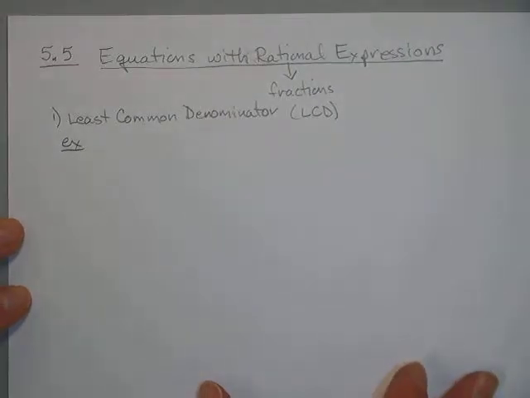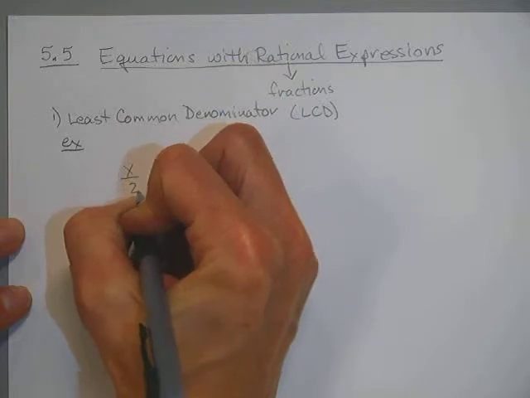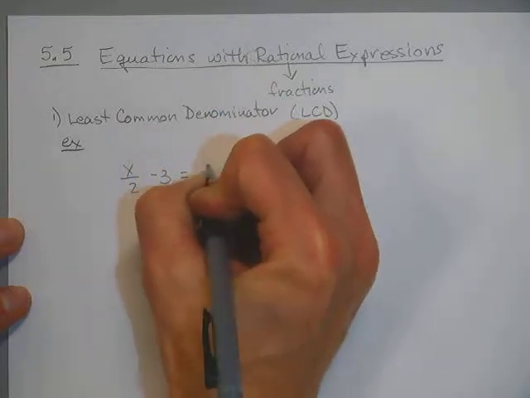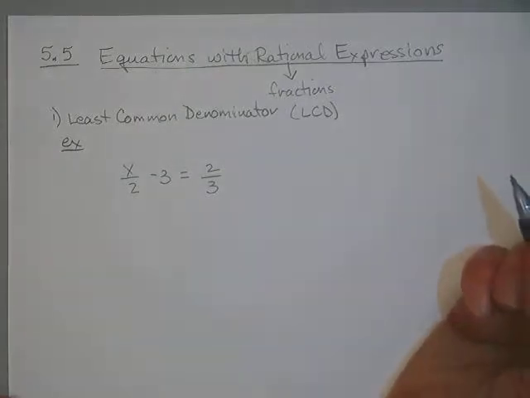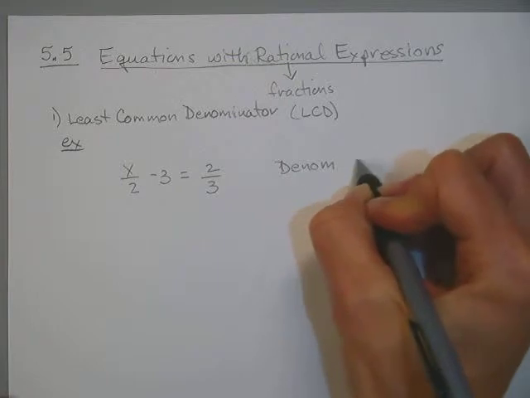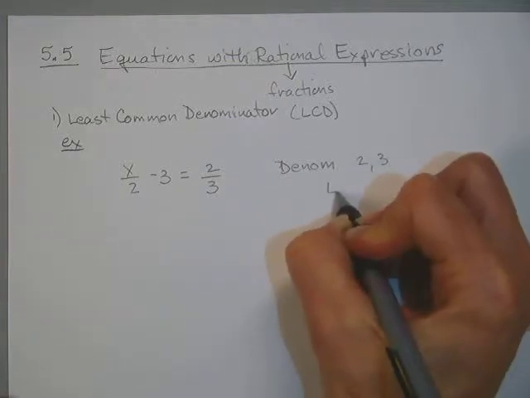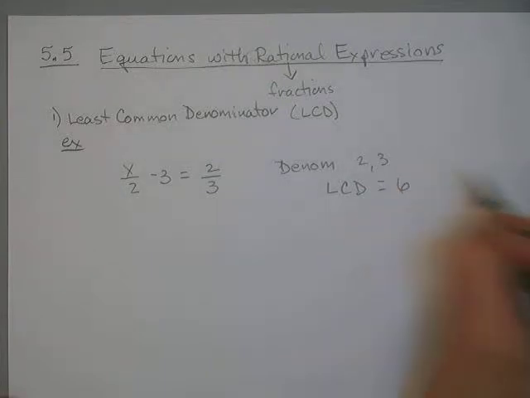We'll do an example. I've got x over 2 minus 3 equals 2 over 3. What are my two denominators? 2 and 3. So my LCD is 6. Nice that I start off with one. That's not too bad.